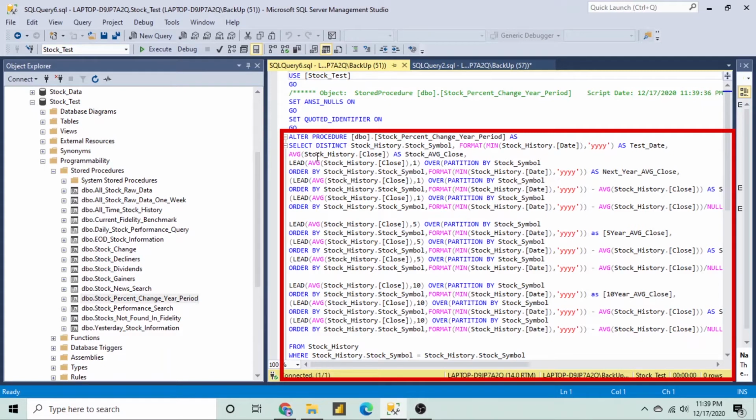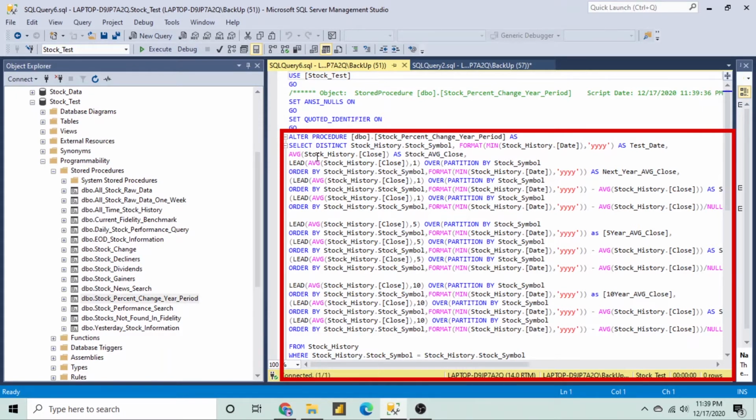As you can see here, we are going to have many dates within a year, but because of that, I only want to select the minimum one and then output it as the year. Then we are going to use the average function and get the average for the stock symbol closing price, and it's only going to be for that specific year as well.